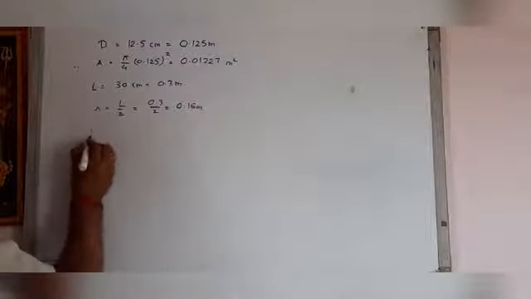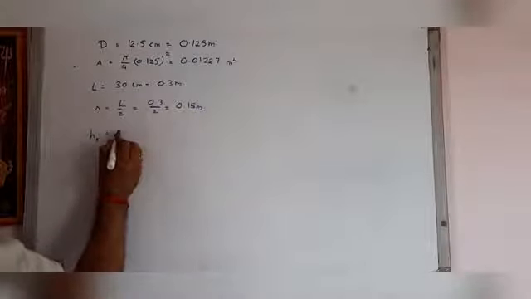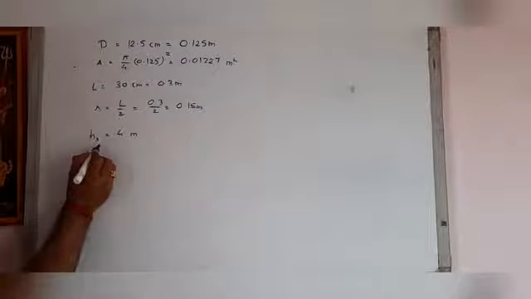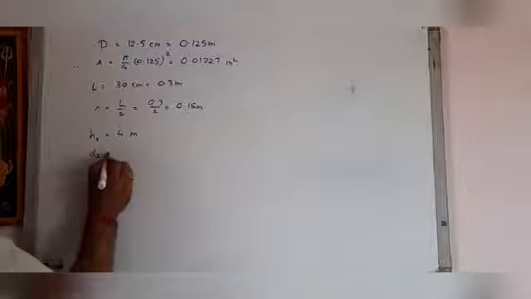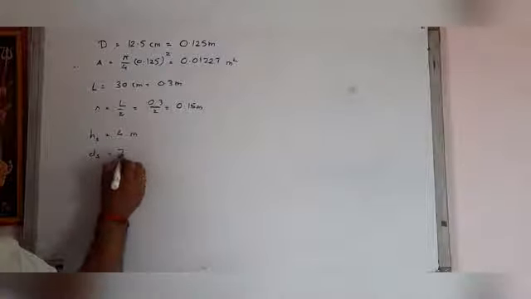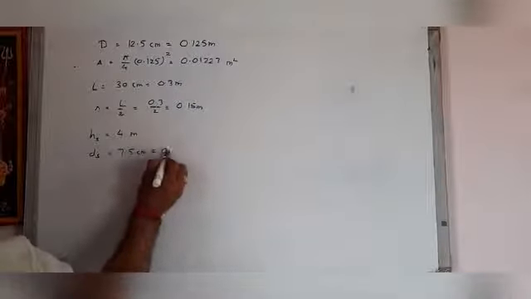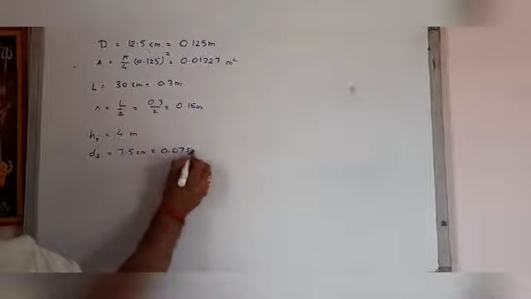Suction head HS equals 4 meter, and diameter of suction pipe DS is given 7.5 centimeter, equal to 0.075 meter.